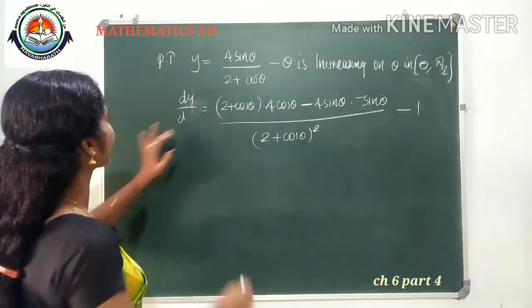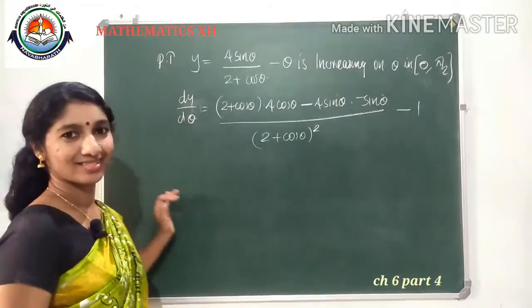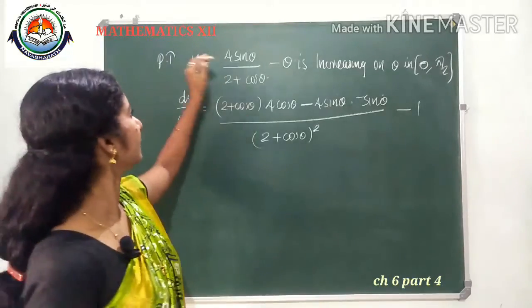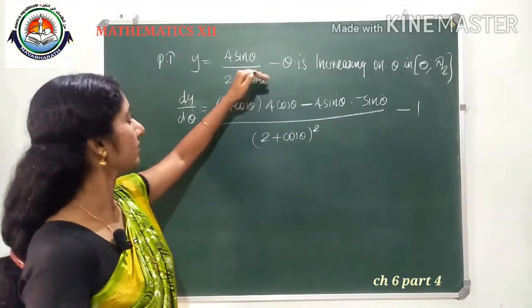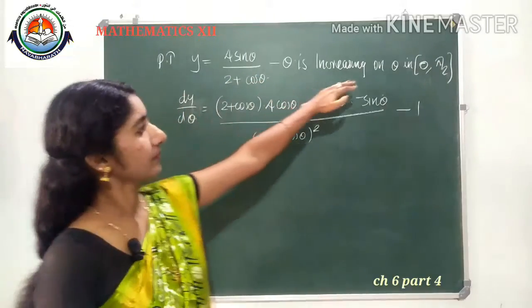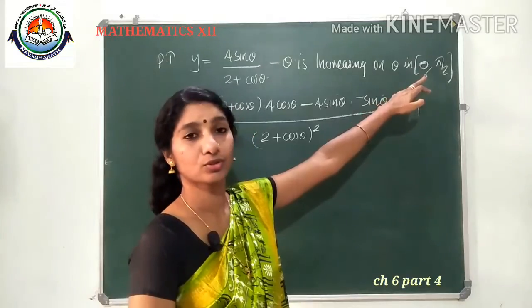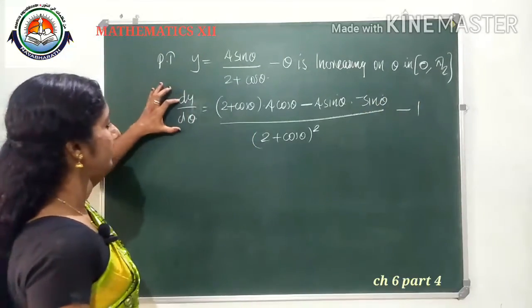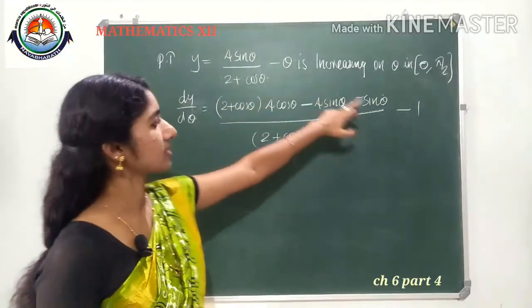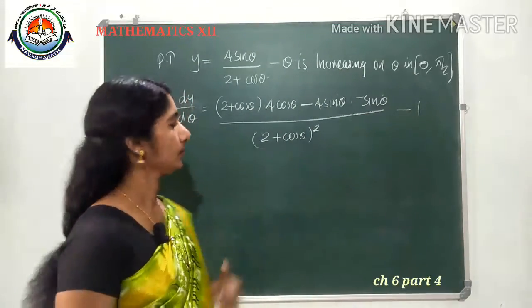Not dy by dx, dy by d theta. Here y is given in terms of theta, so we are differentiating, dy by d theta. And the interval is also given in theta. Theta lies in 0 to pi by 2. So dy by d theta we got like this, with theta's derivative with respect to theta being 1.